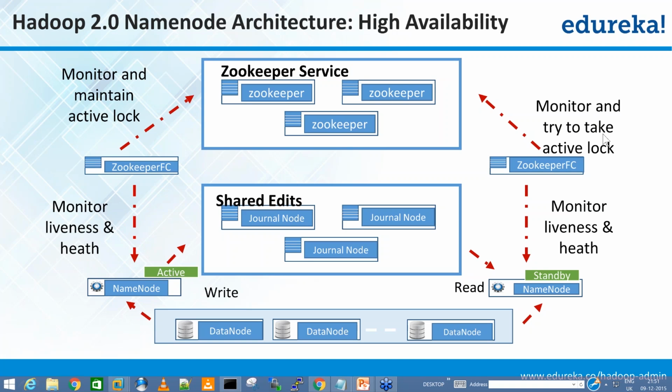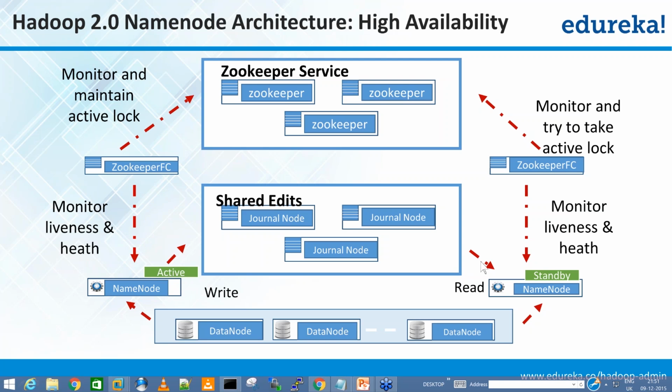So what is this Zookeeper failover controller currently doing? This failover controller is storing some session information. The session information is which NameNode is active and which NameNode is standby.